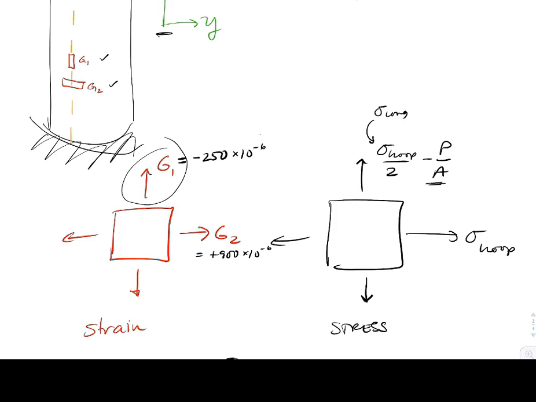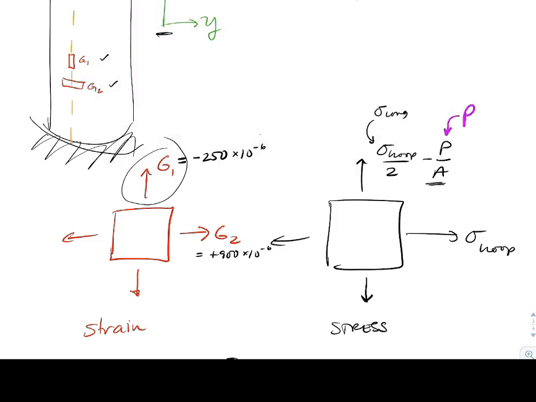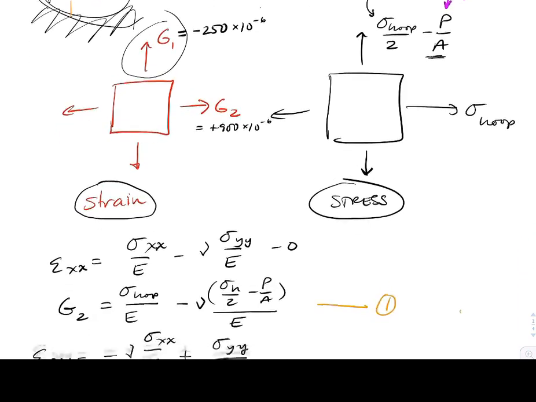And we'll also have negative P over A, where the P we're talking about here is the purple P, the applied external load. So these two pictures are extremely valuable. We've got the initial strain state and the initial stress state. There are unknowns littered across them, but we can relate these to each other.